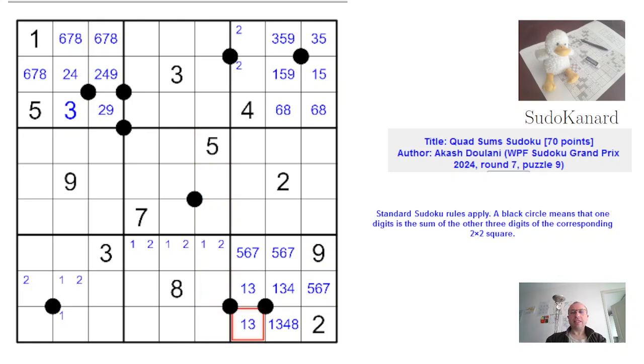So if this cell does not contain an 8, then those must be 3 and 7. And if this is 8, then those must be 3 and 4. So there is definitely a 3 in there. And the other digit is from 4 and 7.